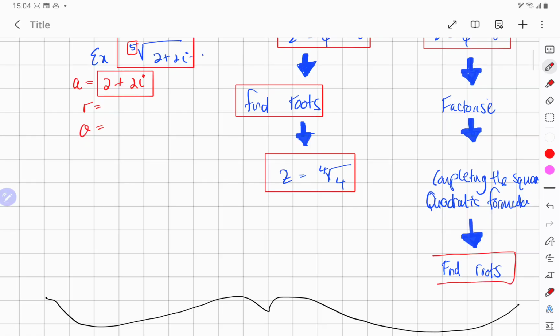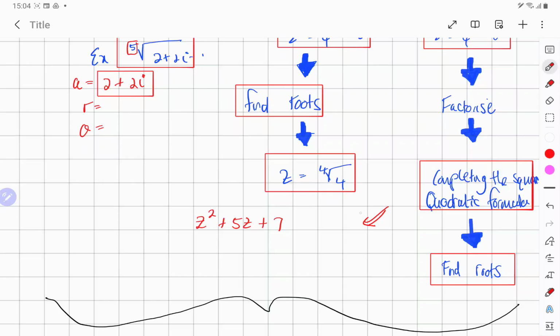Now sometimes we need to complete the square or do the quadratic formula first before we can find the roots. What I mean by that, so say for instance you get an equation like this that, as we have said before, you cannot factorize.